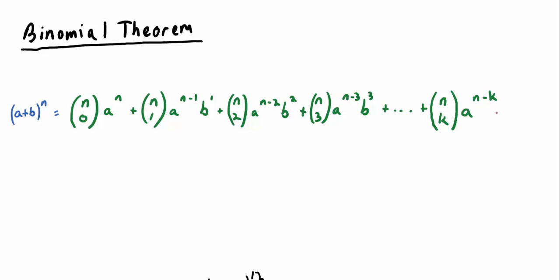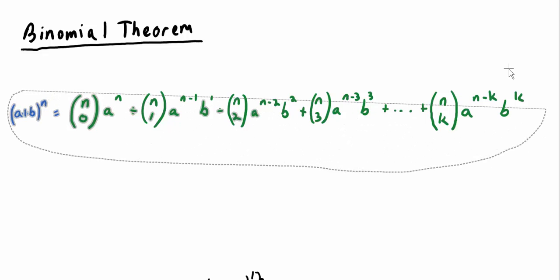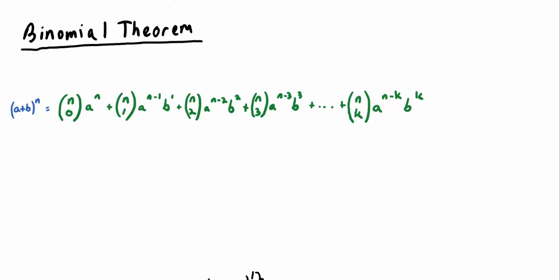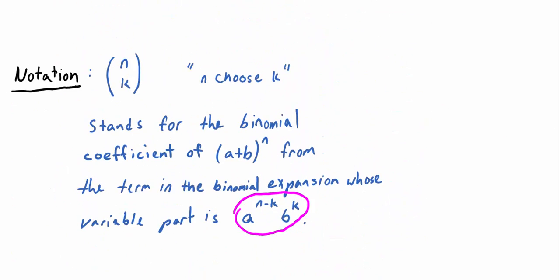And then b to the k. So that's the pattern. And then eventually, I'm going to put another dot, dot, dot in there. So I'll shrink this down even more. So that's the kth term, and that's where this guy comes from that I was talking about a minute ago.